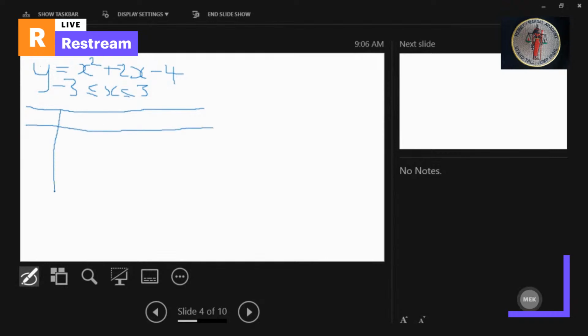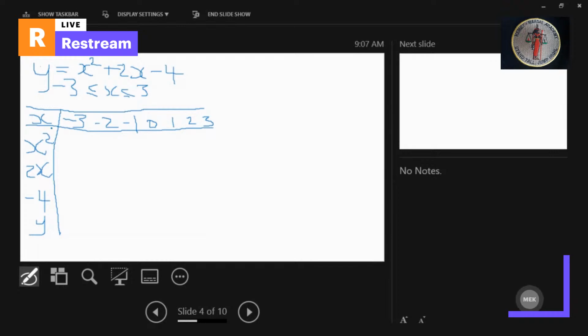The first thing we do is write our x values, x from -3 to 3, all the points: -3, -2, -1, 0, 1, 2, 3. Then we're going to have x squared, positive 2x, minus 4, and we're going to get our y values.